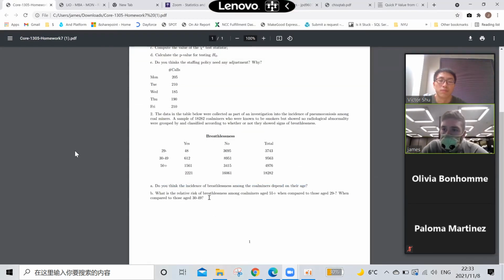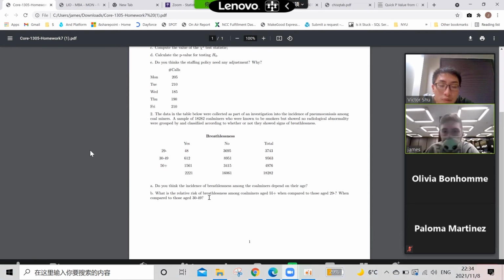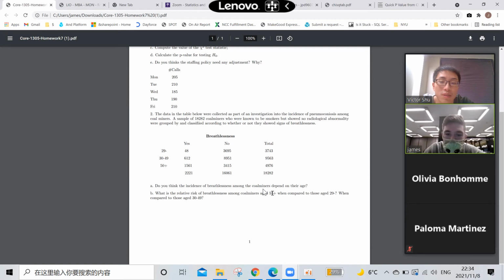What is the relative risk of coal miners? First, I think there's a typo. It's 50 plus, because there's no 55 in the table.